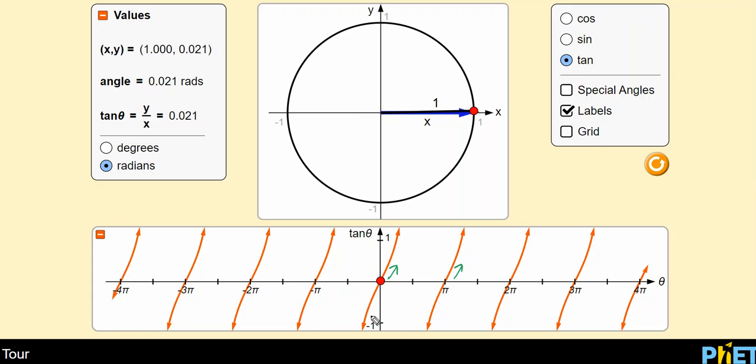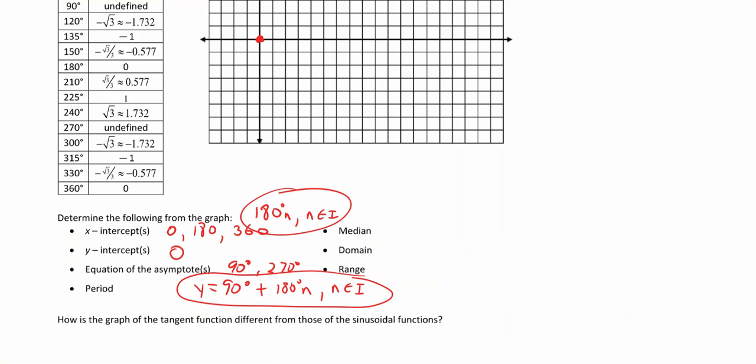Or you could go from asymptote to asymptote, but the period's actually going to be half as much as it is on a typical graph, isn't it? So it repeats every pi radians or 180 degrees. Okay, so our period would be, so P would be equal to 180 degrees or pi, every pi.